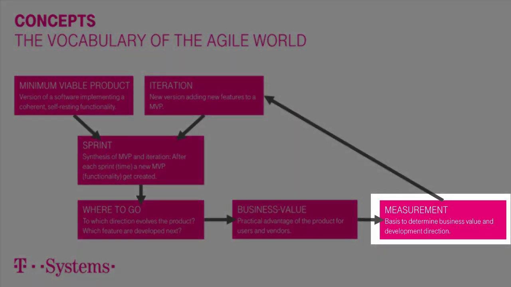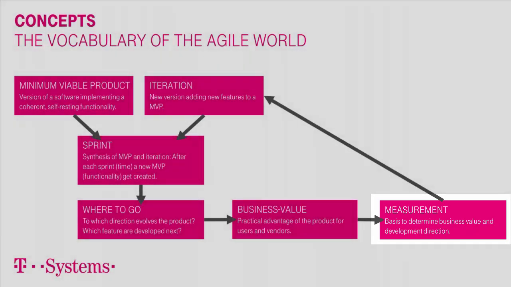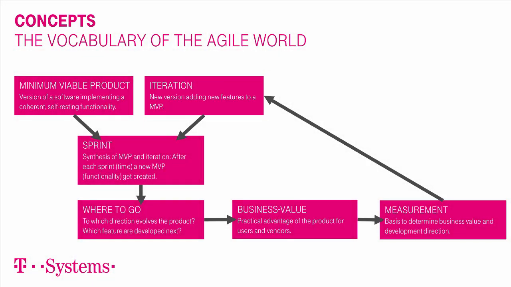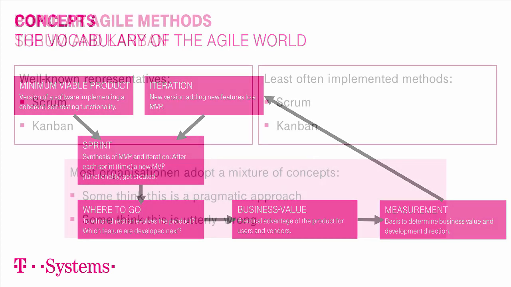Once the business value is measured, the upcoming goal is set and the next iteration starts. So this feedback loop is common for most agile processes, and some of them have well-known names.